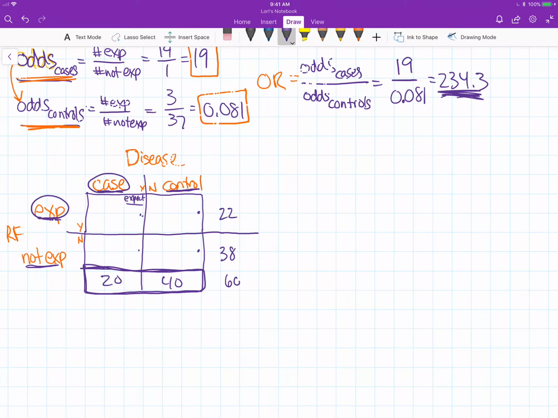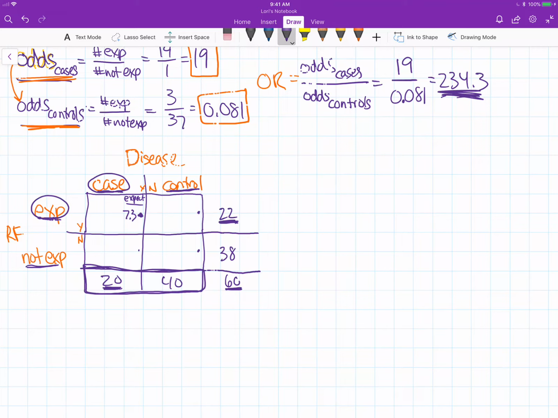The expected number can be calculated as the row total times the column total divided by the total. Let's say we're calculating the top left box. If I multiply 22 by 20 over 60, I end up with 7.3.